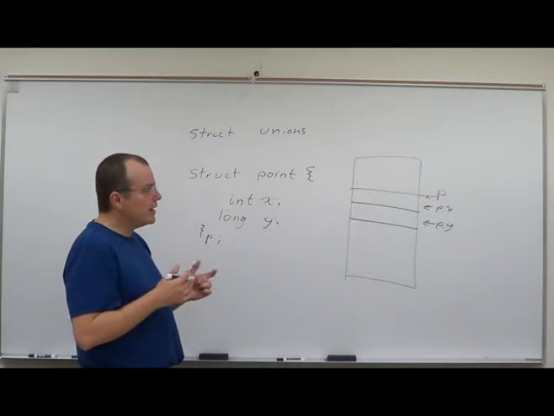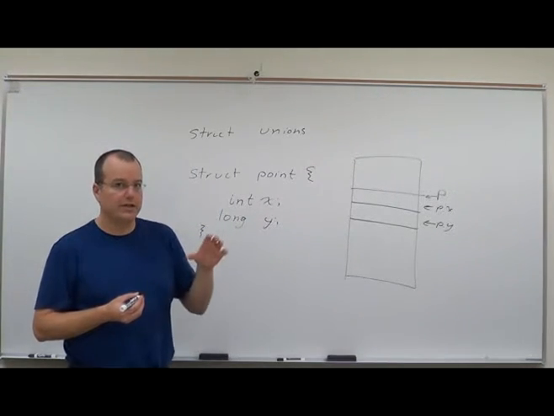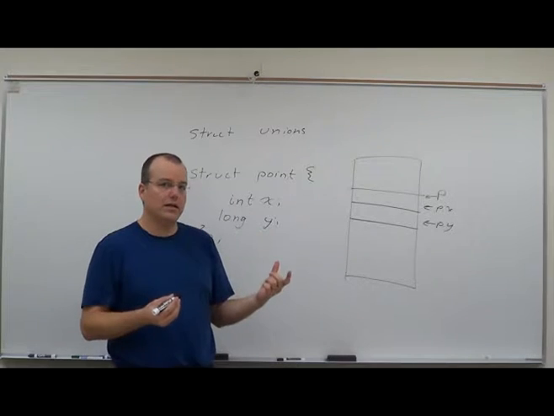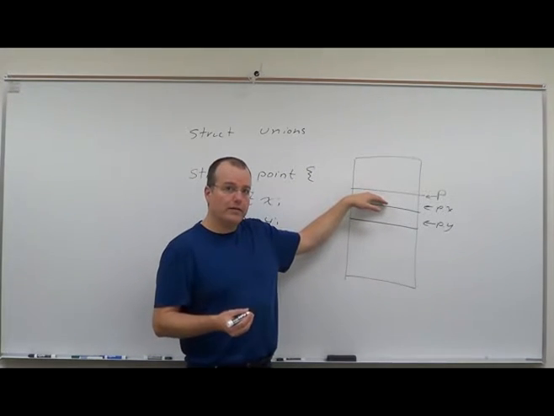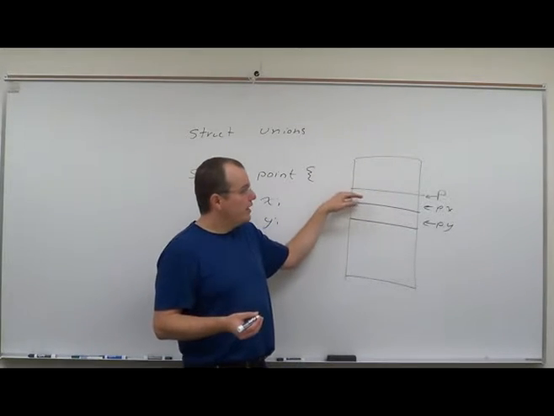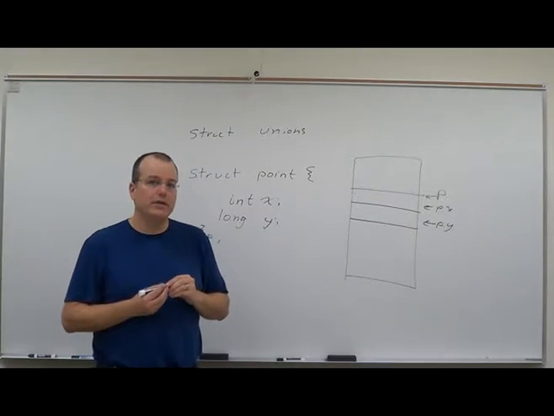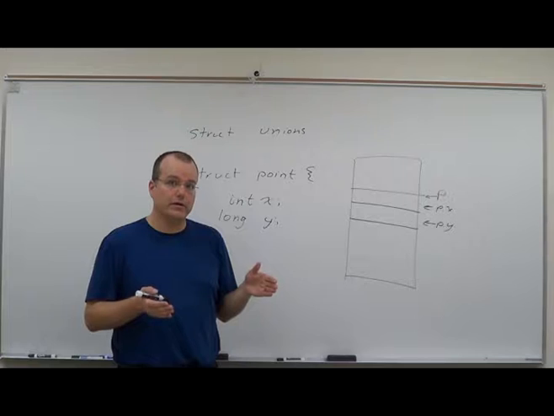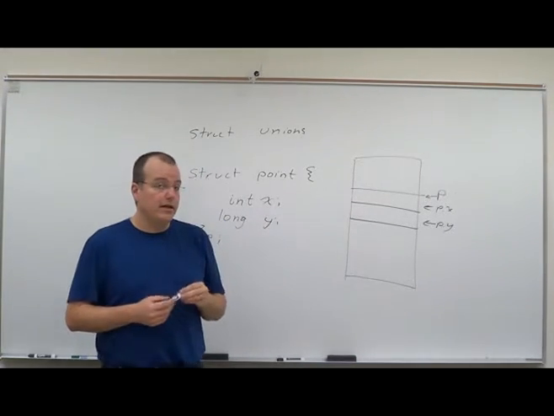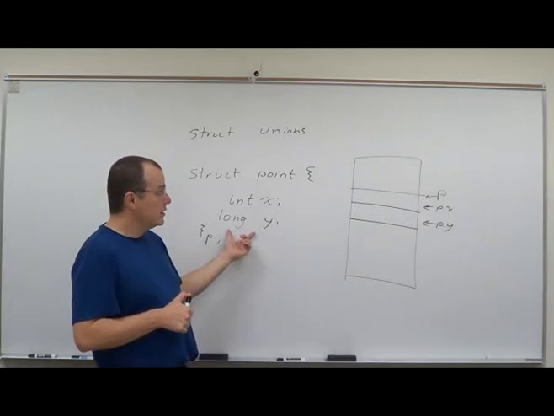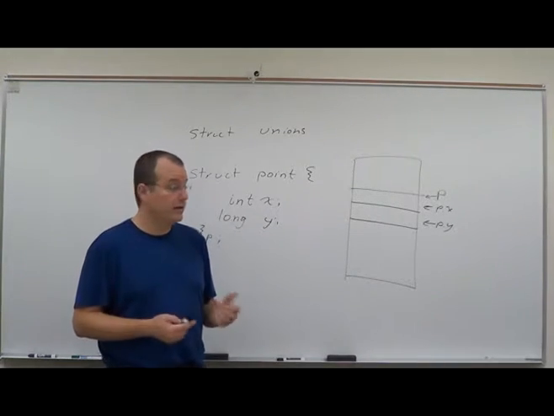And generally what the compiler tries to do is put objects in memory that are size aligned. So if I'm x and I'm a 4-byte integer, whatever address x is going to be at is going to be aligned on a 4-byte boundary, so some multiple of 4. If y is an 8-byte object, like a long, it's going to be 8-byte aligned.